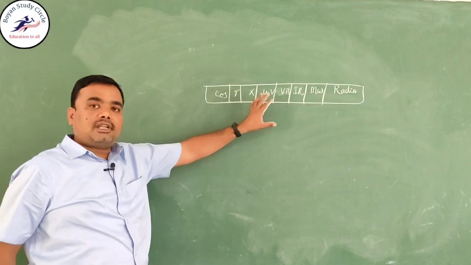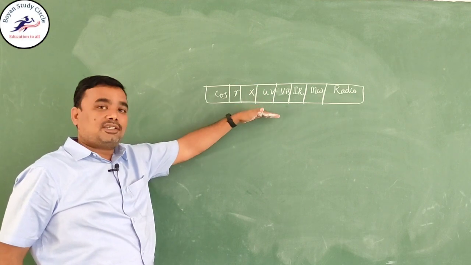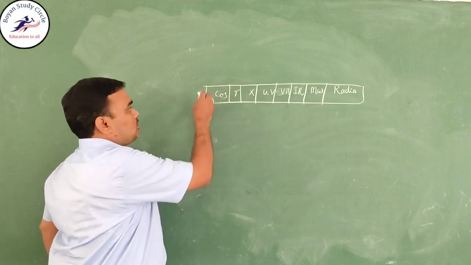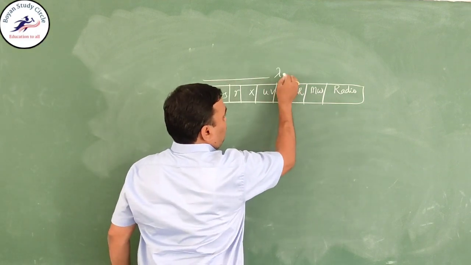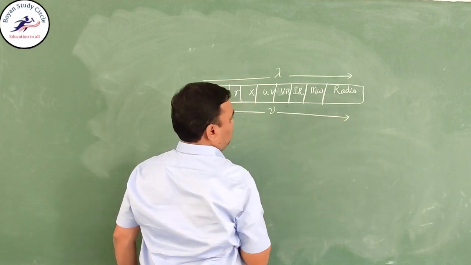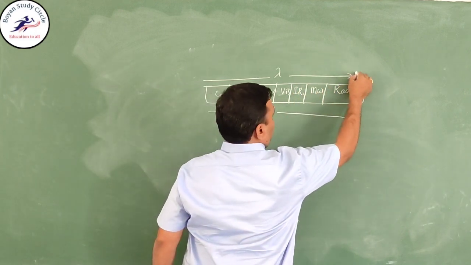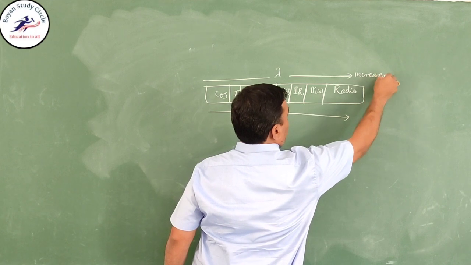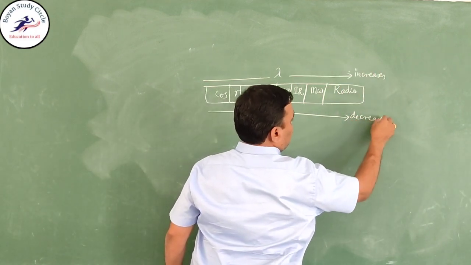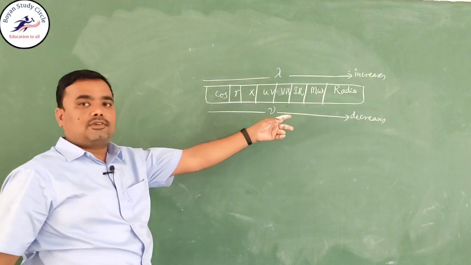These are the different types of electromagnetic radiations or light waves available in nature. Lambda value increases from left to right and frequency value decreases from left to right.